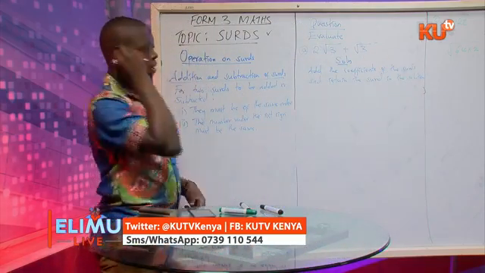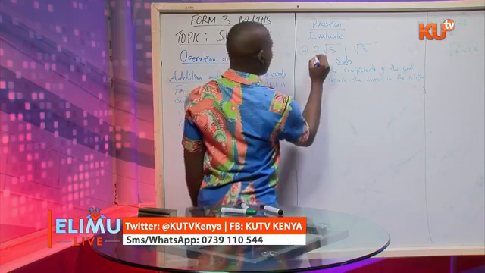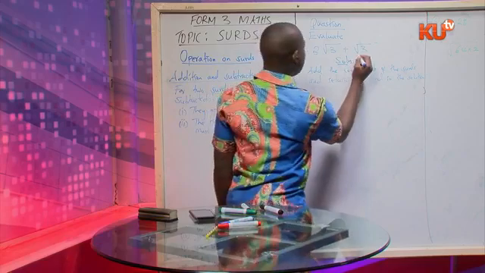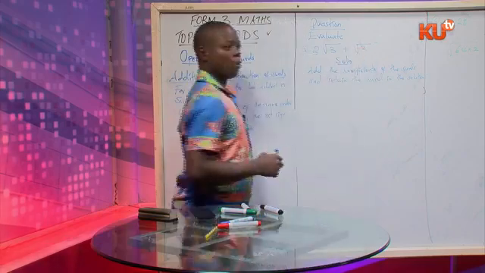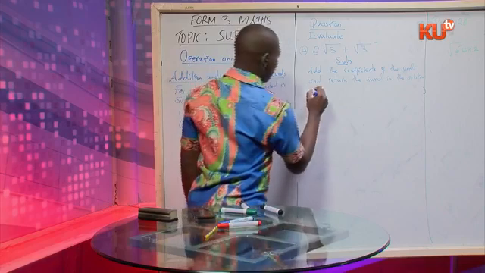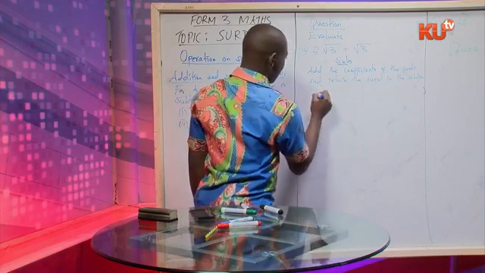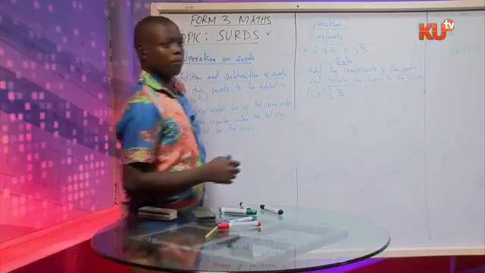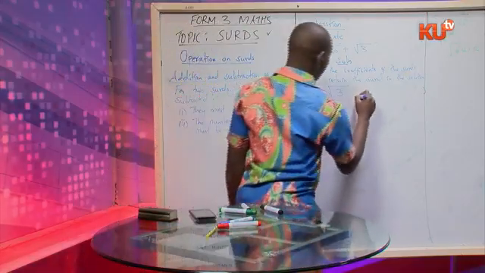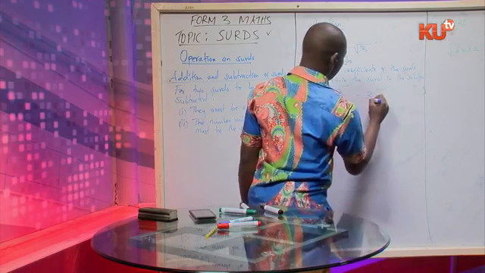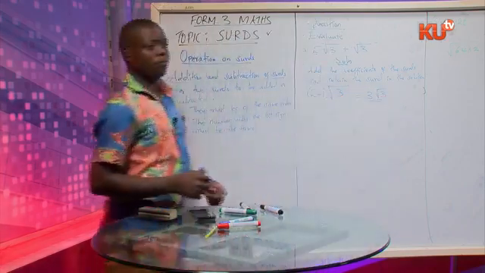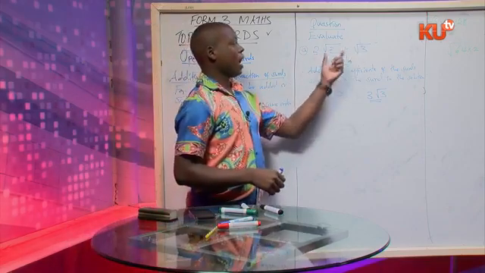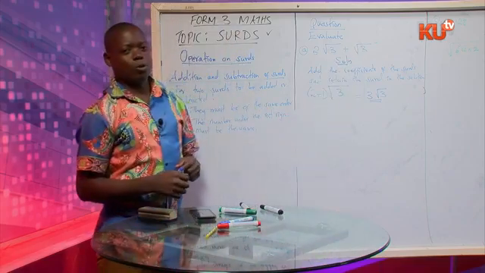The coefficient here is 2 in 2 root 3, and then this is root 3, so we have 1 root 3. So I will say this is 2 plus 1, and then retain the root sign, root 3. So I have a solution of 3 root 3. So in the addition of surds, work out the coefficients and then retain the surd in the final solution.